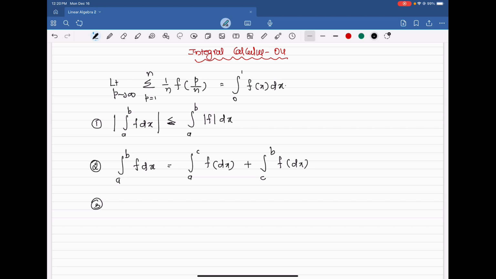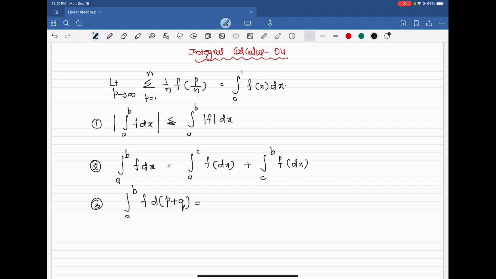But if there is a combination of variables with respect to which a function is to be integrated, in that case what happens? Integral a to b function, integrated with respect to d of p plus q.